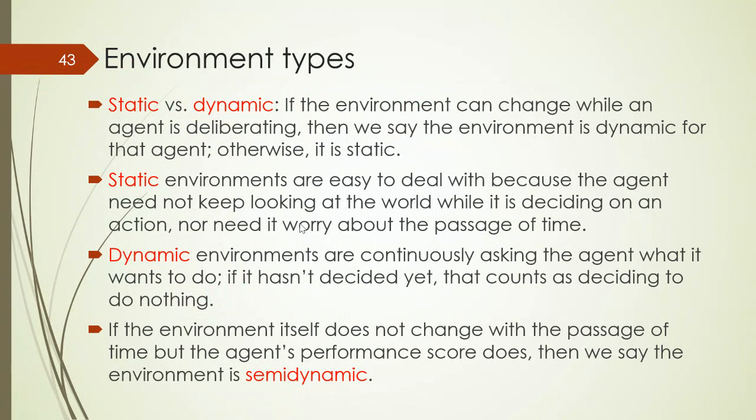Static environments are easy to deal with because the agent doesn't need to keep looking at the world while it's deciding on an action, nor does it need to worry about the passage of time. So by time, the environment is fixed. Dynamic environments are continuously asking the agent what it wants to do.